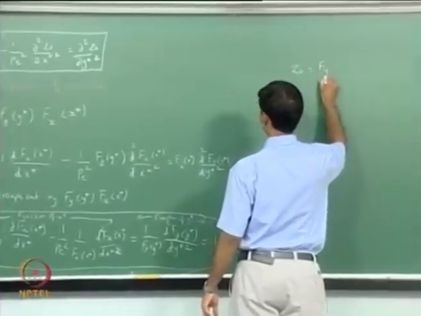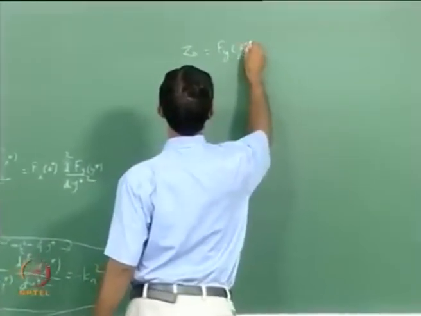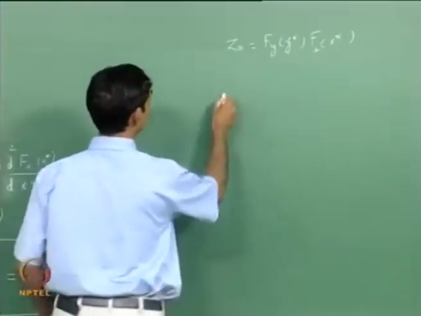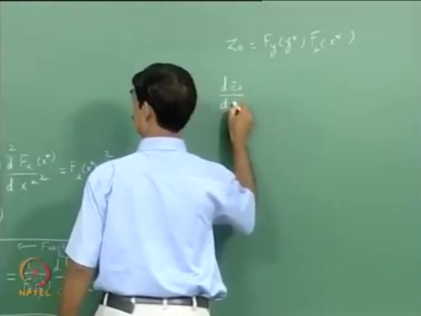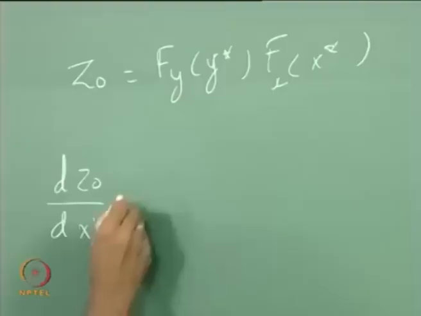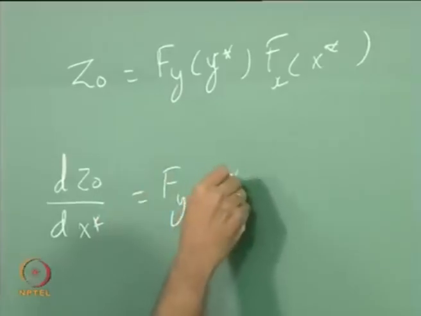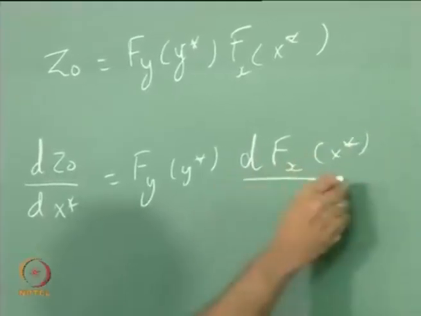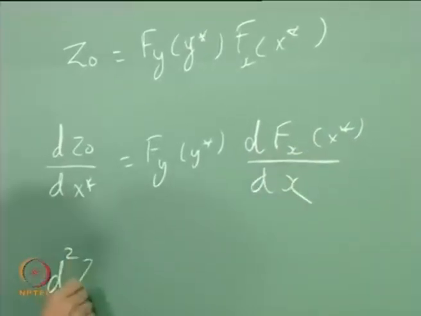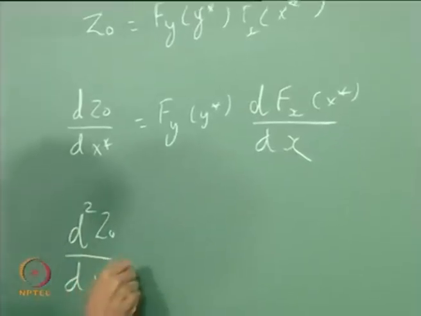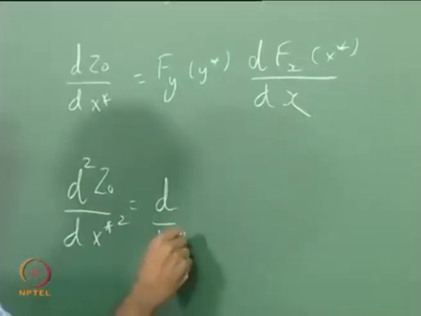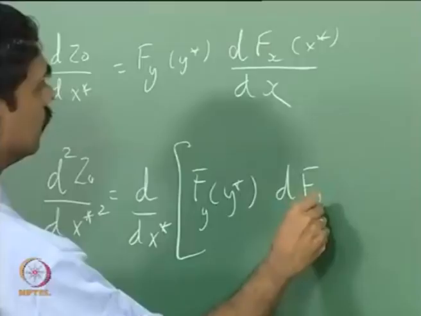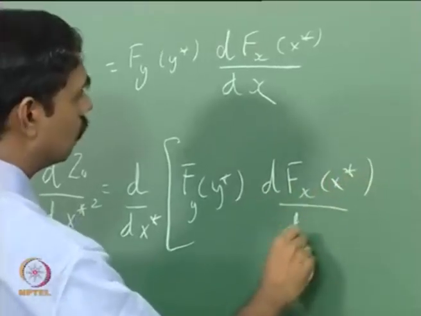Z naught equal to Fy of y star Fx of x star. Okay, so let us clarify this. So dz naught by dx star equals Fy of y star dFx by dx, and d squared z naught by dx star squared equals d by dx star of Fy of y star dFx of x star over dx.